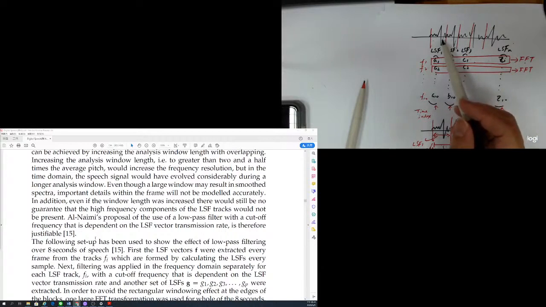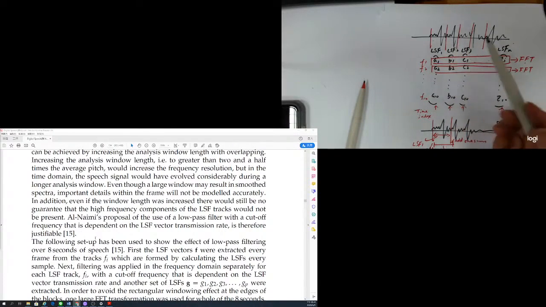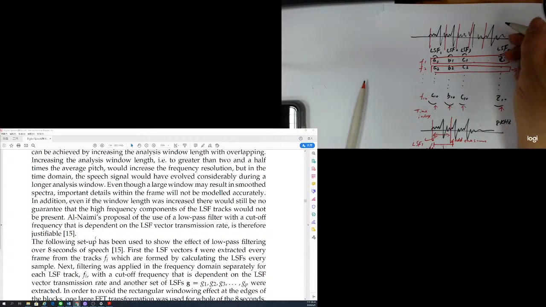If you sample 20 frames per second, you cover up to 10 hertz.